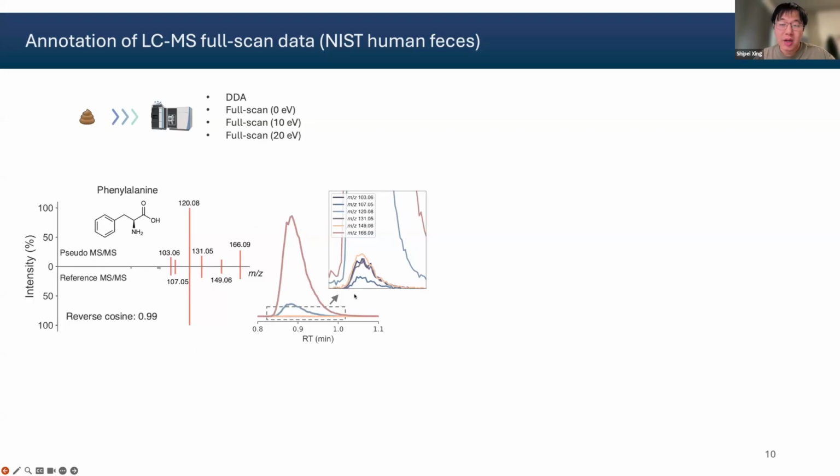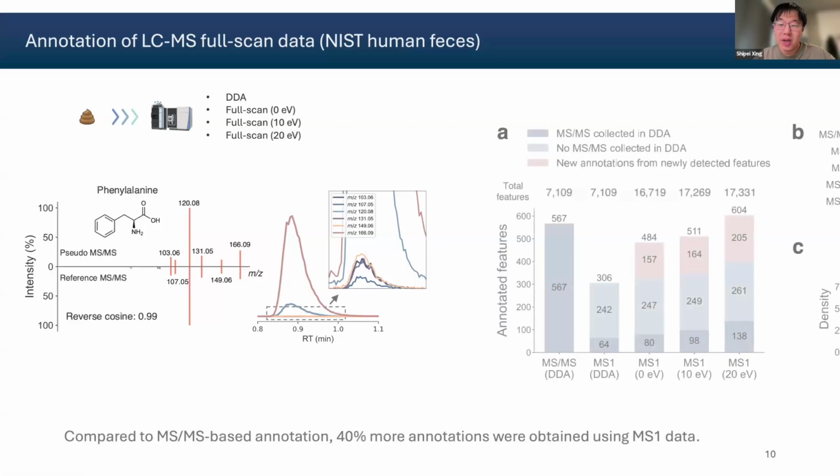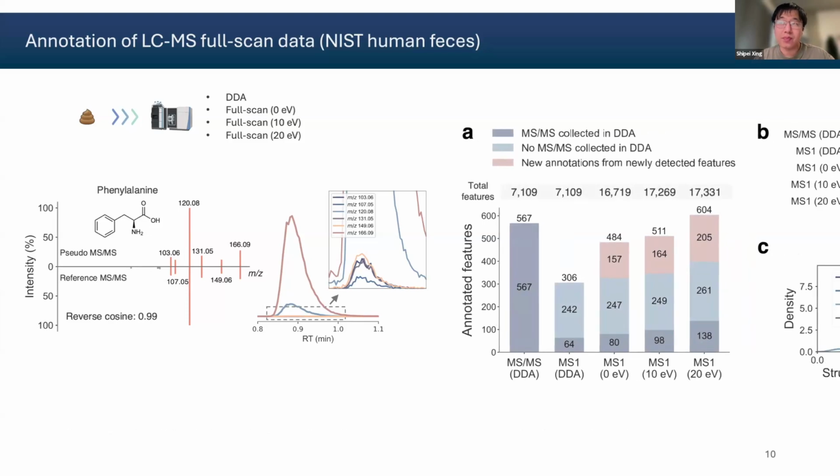The in-source fragments exhibit very similar patterns as in reference MS2 libraries, and they show well-correlated peak profiles. Moreover, even when we apply our approach on data-dependent data, where we have both MS1 and MS2 data, we obtained 40% more annotations using the MS1 annotation strategy.